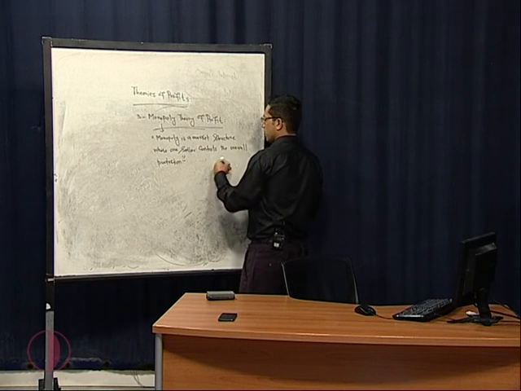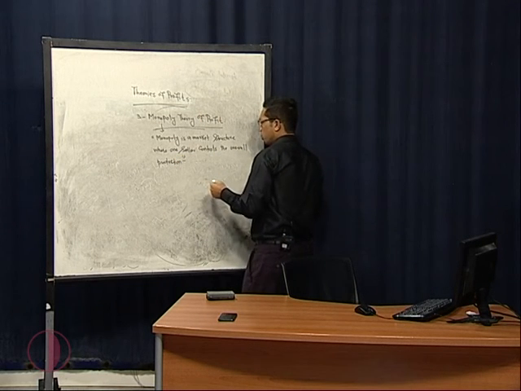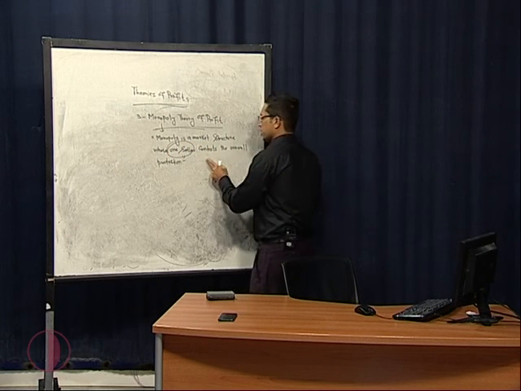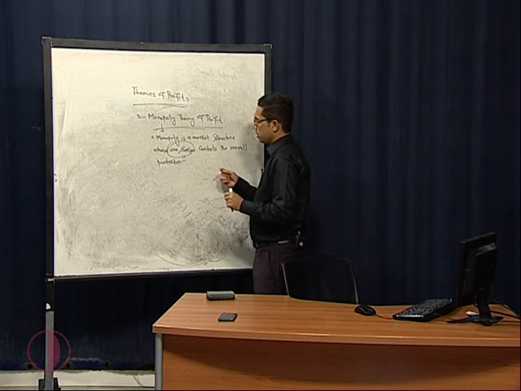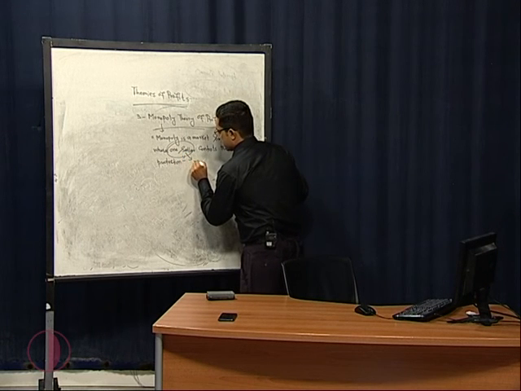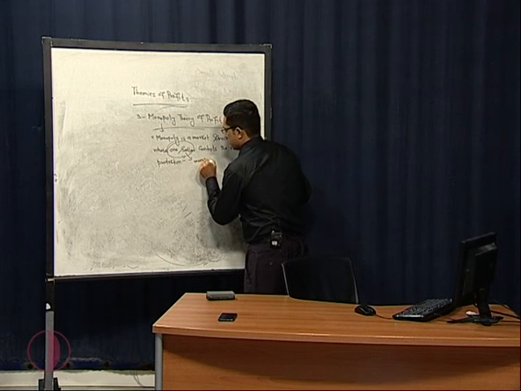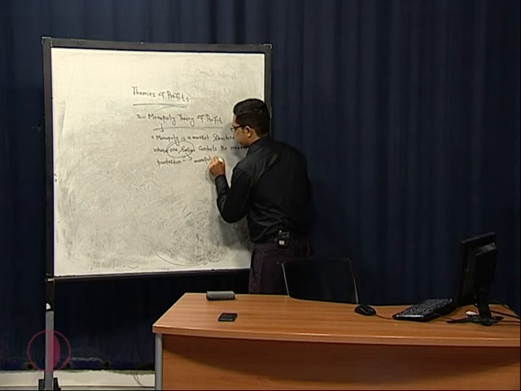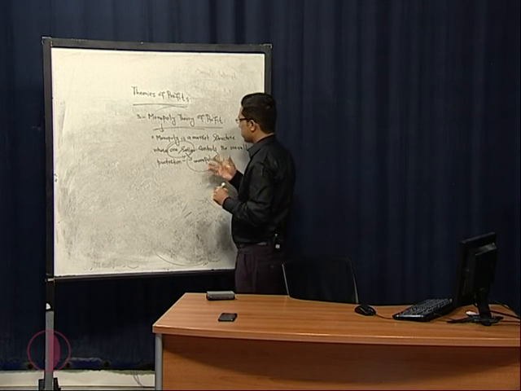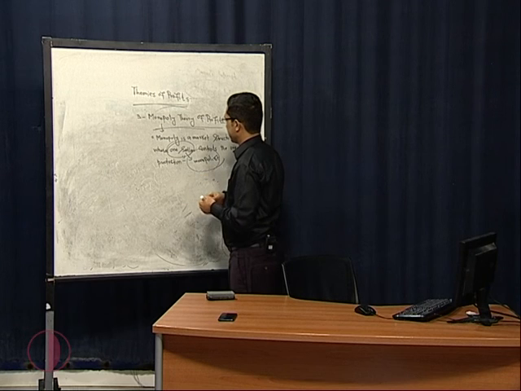He is the owner of the whole output. The seller is known as the monopolist. So the monopolist is the one who controls the whole market.